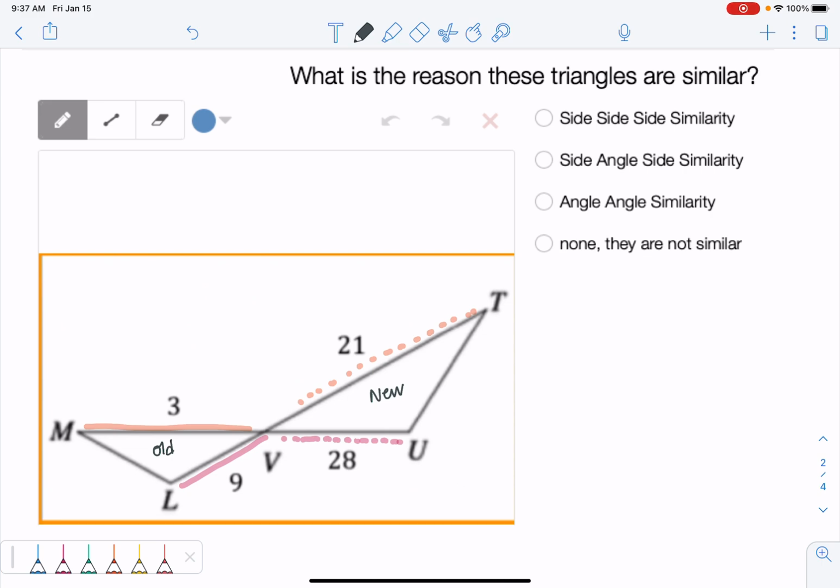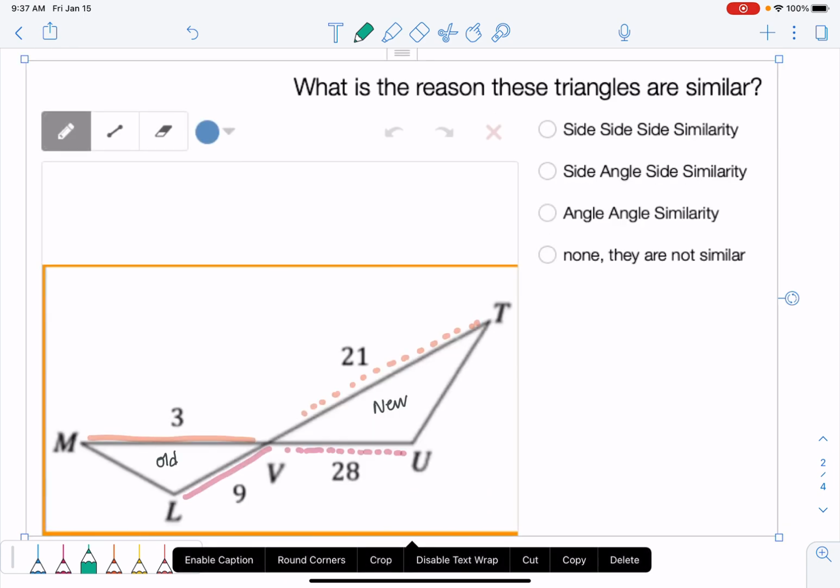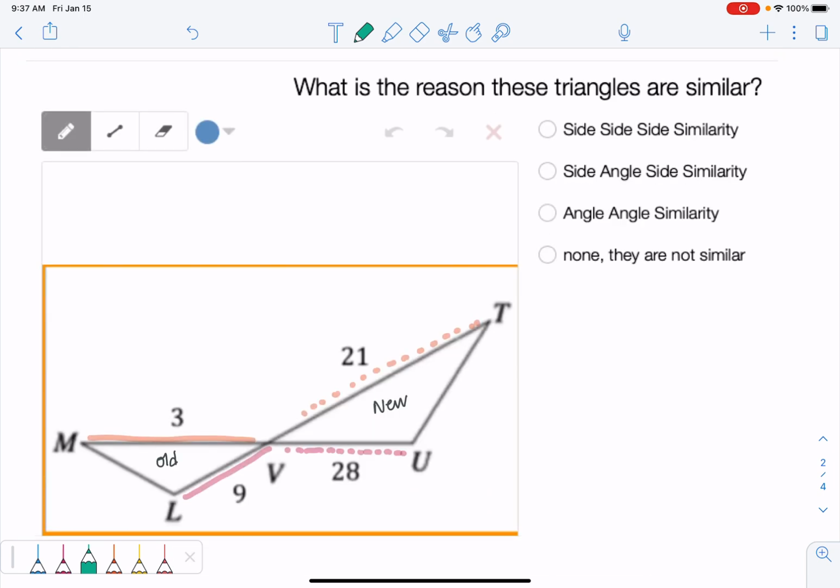We have 2 pairs of sides and, oops, here we have vertical angles. And vertical angles are always congruent.